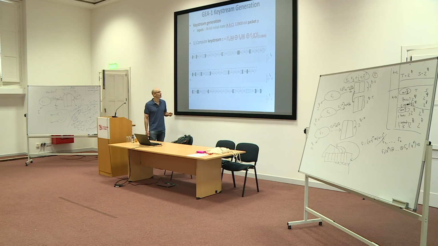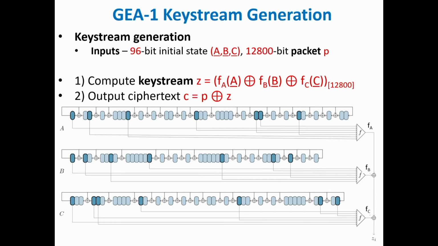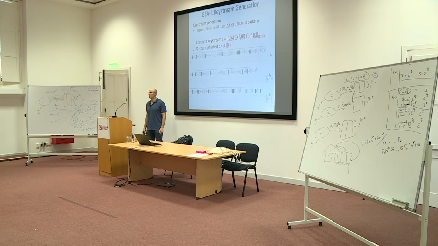For each output bit, you clock all the registers together, XOR their output bits, and you get Z_i, which is the ith bit of the keystream. Then you XOR it with the plaintext, which is the packet, and you get the ciphertext. That's how GEA1 works. Any questions about this?